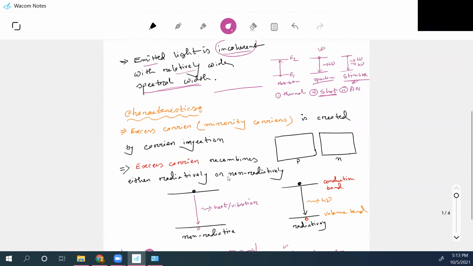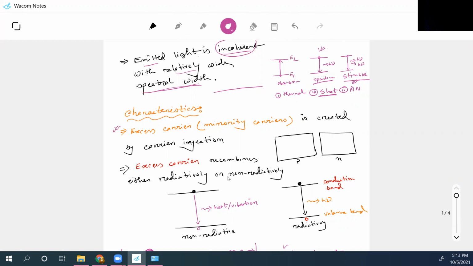Regarding the characteristics of an LED, we should know something, which is excess carrier. Excess carrier is nothing but the minority carrier. What is a minority carrier? You probably know from our electronics courses on the PN junction. If we have pure silicon, we call it intrinsic material.